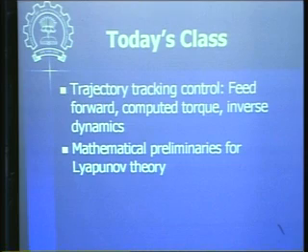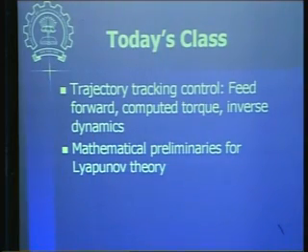Now in this class we'll see, suppose we want to track a trajectory, what kind of control algorithms we can come up with using the same form for the equations of robot dynamics along with the actuator. So we'll use the same form, but now we'll concentrate on developing control algorithms for a trajectory tracking problem.